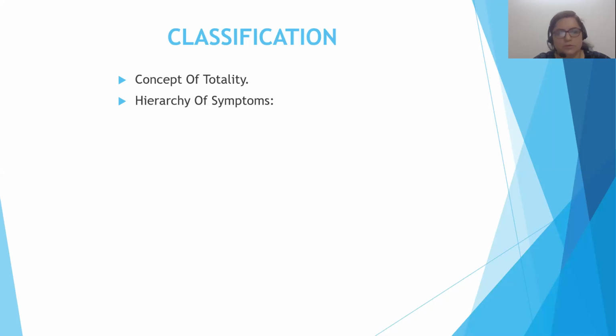As we all know, there are certain general symptoms. Those general symptoms give us a picture of the person. The particular symptoms give us the picture of the part which is affected. And the common symptoms in the disease help us in reaching the disease part of the individual.